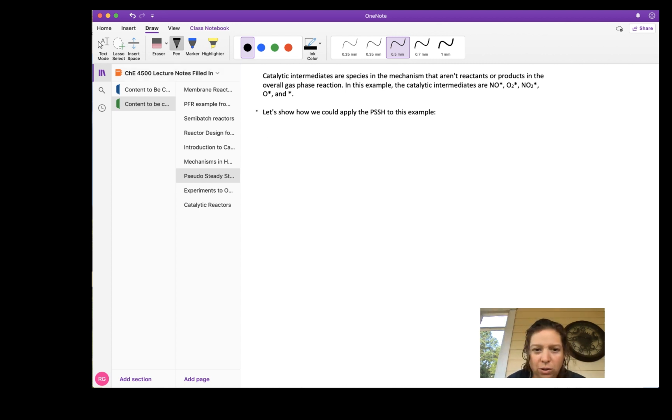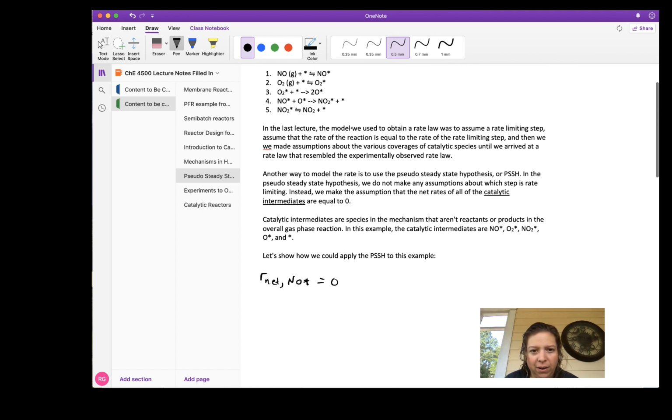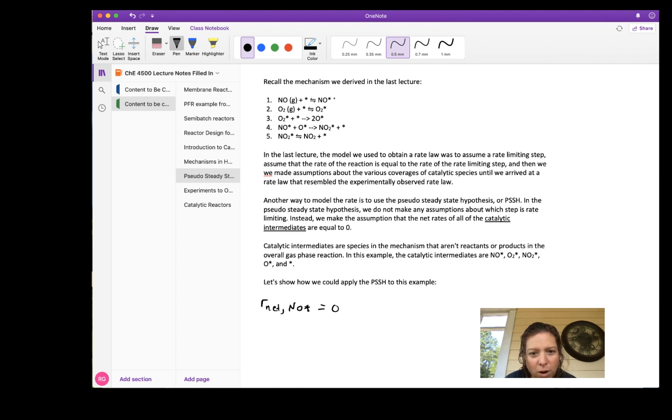What we want to do is say that the net rate of all of our catalytic intermediates is equal to 0. So let's write those all out. For NO star, I have NO participating in reaction 1 and also in reaction 4.